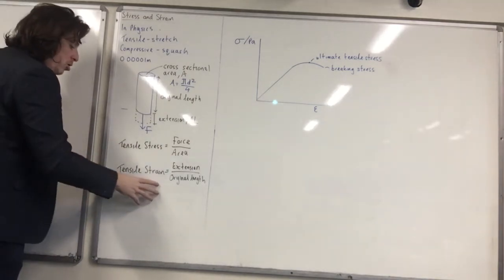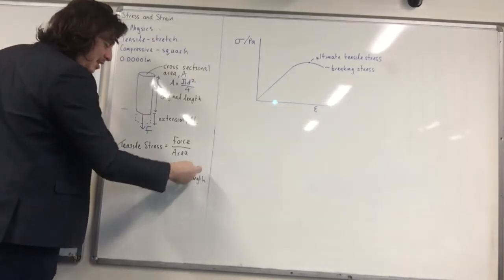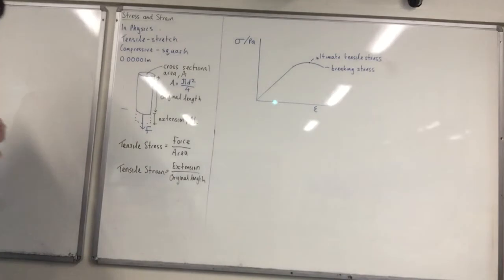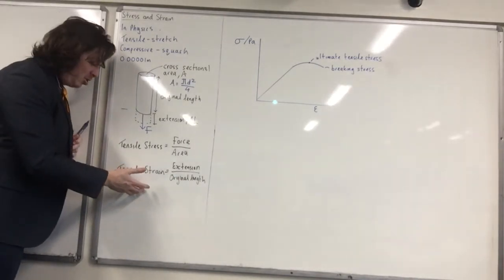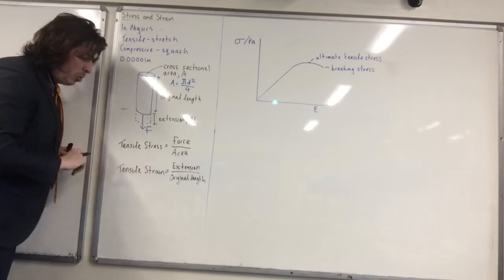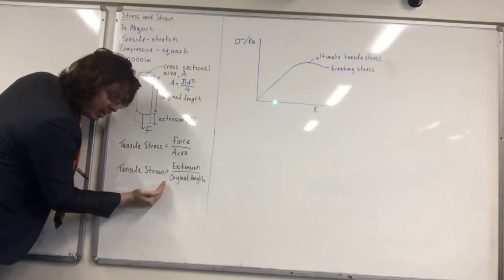Okay, the object will also undergo strain, and this is a measure of how far it extends in comparison to its original length. So something, for example, that's a brittle material, such as glass, what would happen on that strain is it wouldn't extend very far before it breaks.